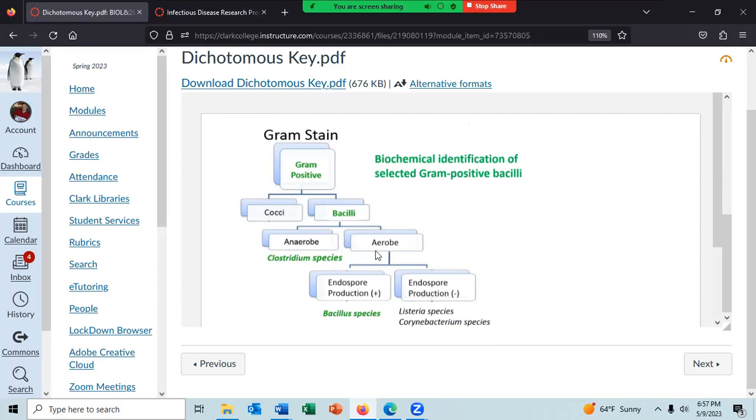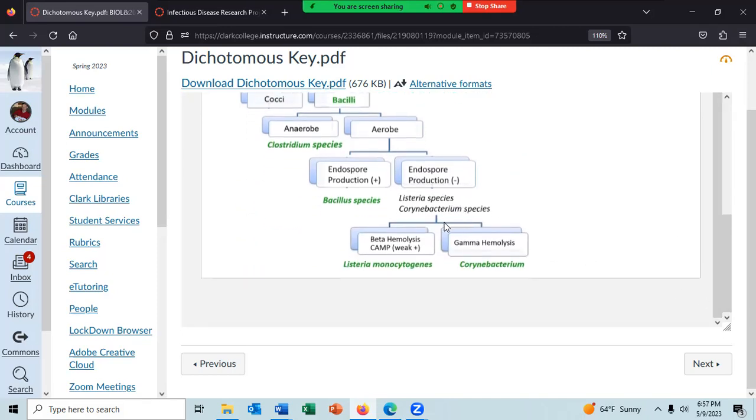And for this dichotomous key, the non-positive endospores, meaning endospore negative, will be Listeria and Corynebacterium. And then we can split these two by looking at the hemolysis.